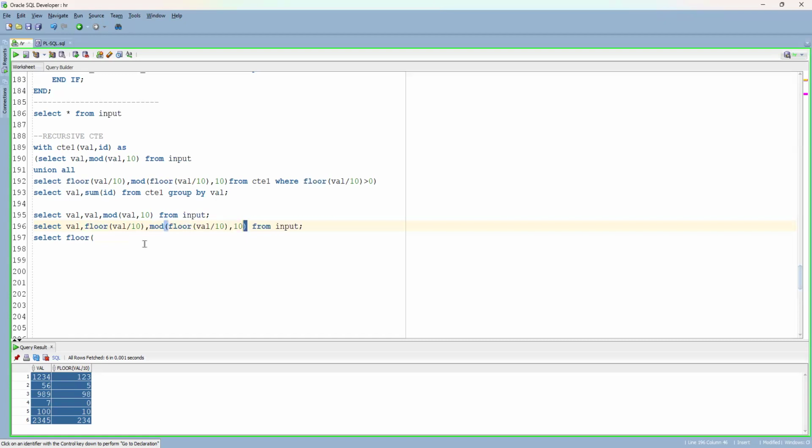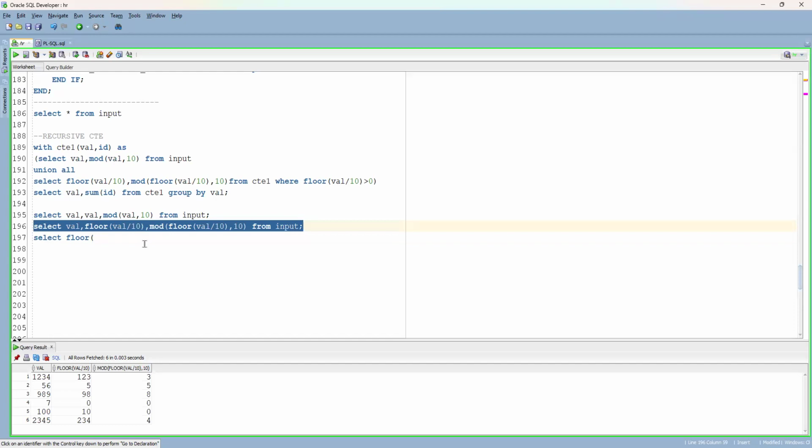Why are we dividing this by 10 here? To get the units, we need to get the tens digit. Now check the output of this query first of all. Is this clear? Yes. So what are these values?